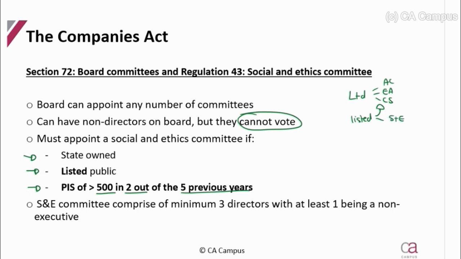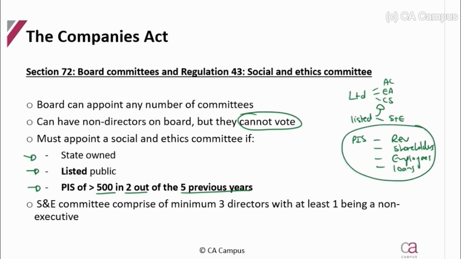And whenever you see you should be working out the public interest score, or you see they have that information in the question, revenue, shareholders, employees, loans, those were all the criteria to working out the public interest score. And you start to think, why do I do the public interest score?